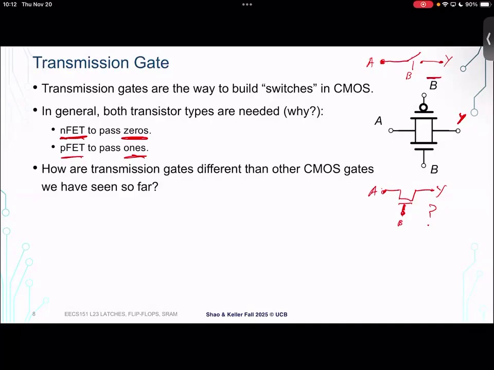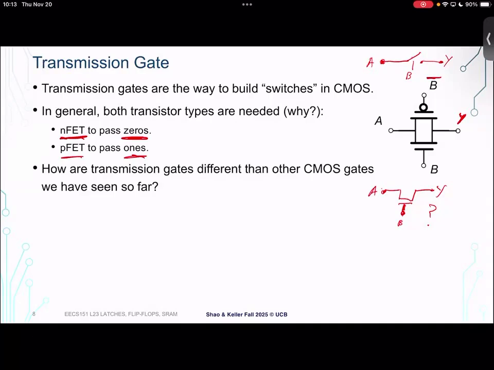So what are some key differences between this gate and, say, an inverter or a NAND gate? Yeah, what's one? Yeah, that's right. It's connecting the input directly to the output.